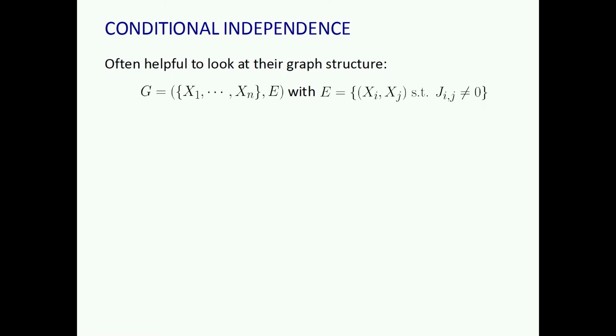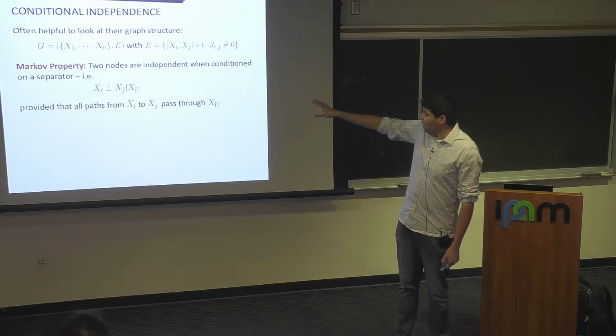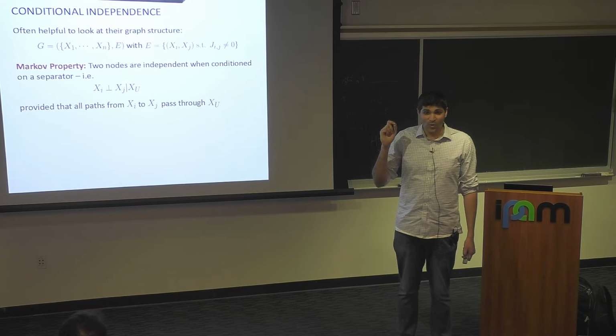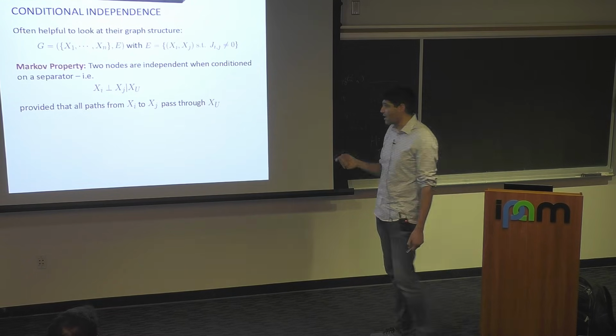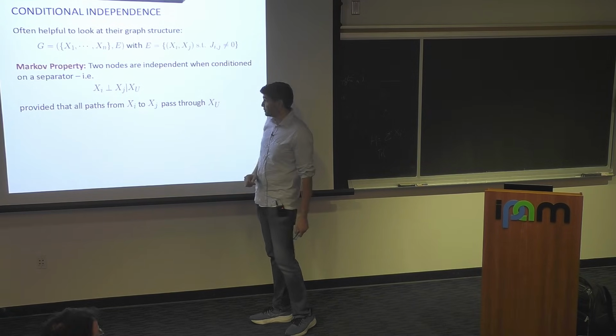And by assumption, we're always going to assume that this interaction matrix J is symmetric. So we're really going to get undirected edges here. And the critical defining property in the classical case, the thing that we exploit all the time when we talk about sampling or learning algorithms, is what's called the Markov property.